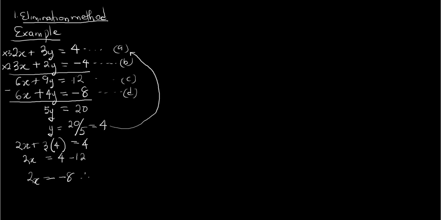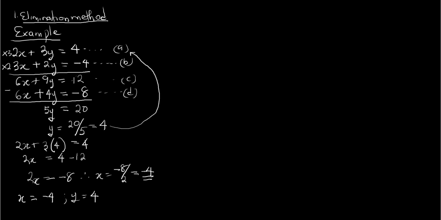Therefore my x is going to be minus 8 divided by 2, which is minus 4. So now I've got the values: x is equal to minus 4, and y is equal to 4.